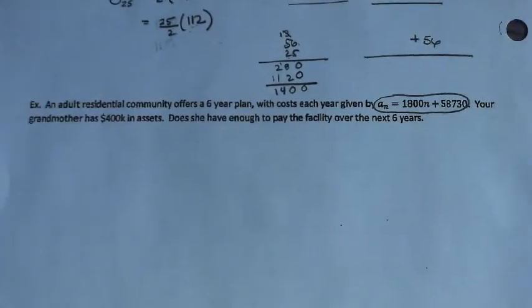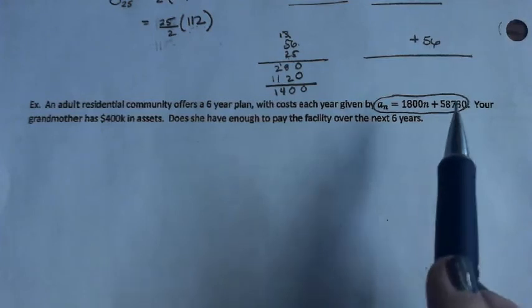Which one is it? What did you say? The total, right? Because they want to know if her $400,000 is going to cover not just the 6th year. She's got to cover the 1st, the 2nd, the 3rd, the 4th, the 5th, and the 6th year. So that's all of those yearly costs added together. The fact that we're adding them all together tells us it's a series.